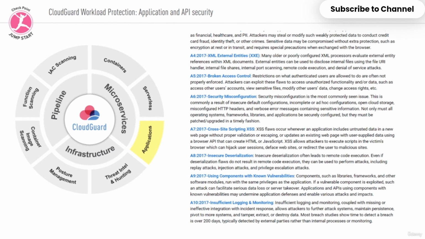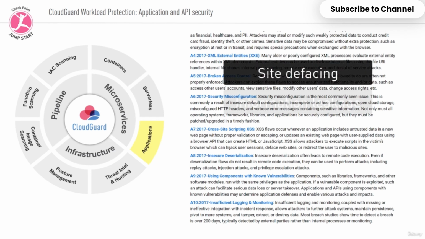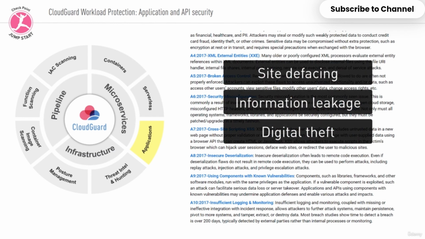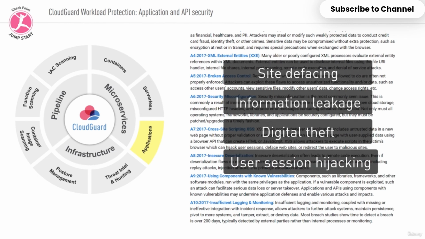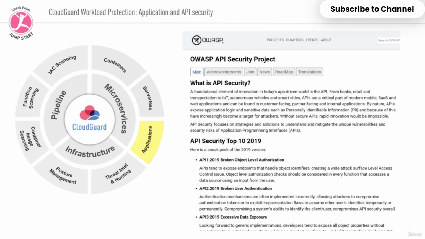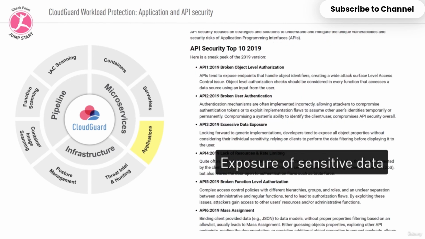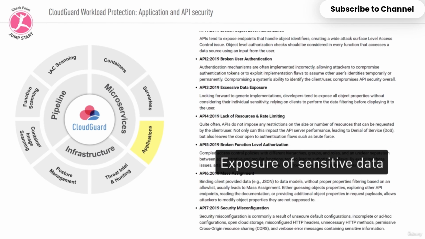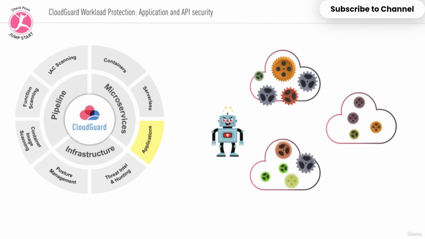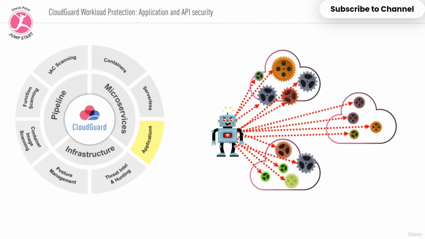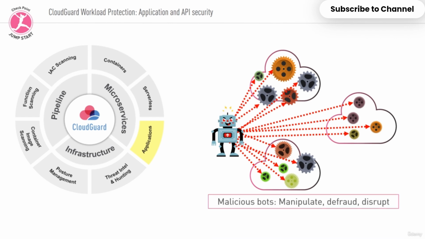These attacks can result in site defacing, information leakage, digital theft, and user session hijacking. In the realm of APIs, command injections and API key extraction can lead to exposure of sensitive data and the hijacking of resources. Furthermore, malicious bot attacks using automated web requests can be used to manipulate, defraud, or disrupt a website, application, API, and even end users.